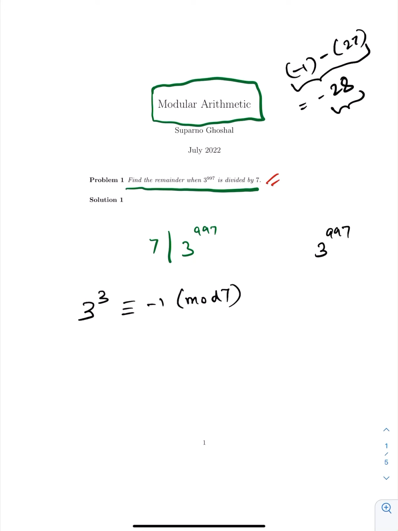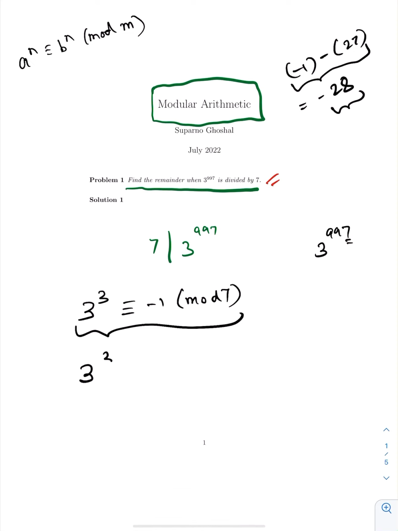Since we are trying to use property 3, we will try to raise the power of this entire thing to a number that is very close to this number. So if I do this, then I can write this.